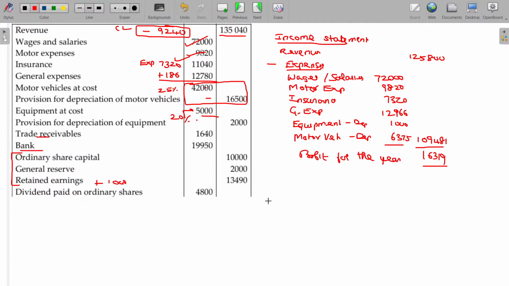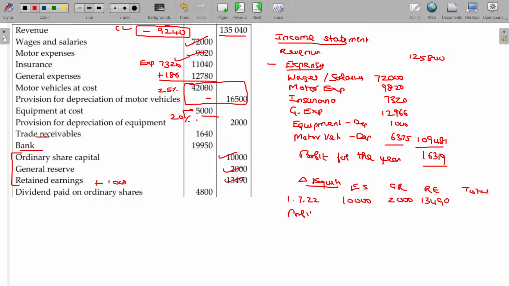Now, statement of changes in equity. The year beginning 1st July 22. Equity shares, general reserve, retained earnings, and total. Equity share being 10,000. General reserve 2,000. Retained earnings 13,490.